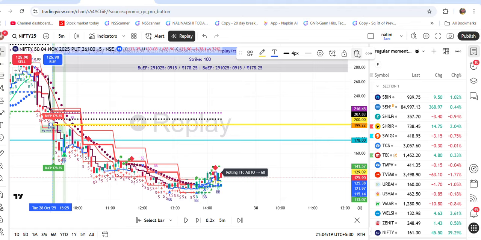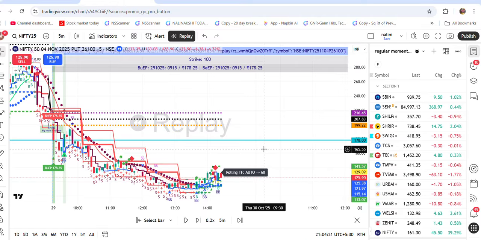Let me remove this. For the put option, initially there may be a drop, a retracement, then the put option may go up. If it doesn't go above 178 rupees, it is bearish. It may be a retracement, and it is telling the level is 178 for the 26,100 put option, and for the call option, it is telling 132 is the limit.